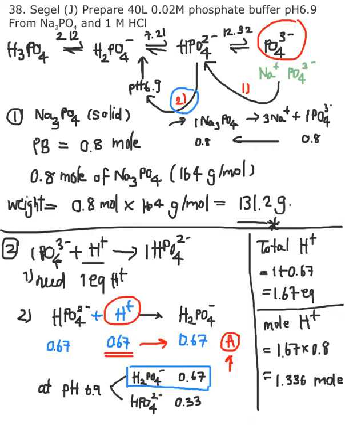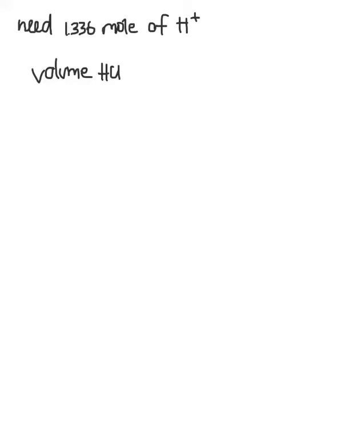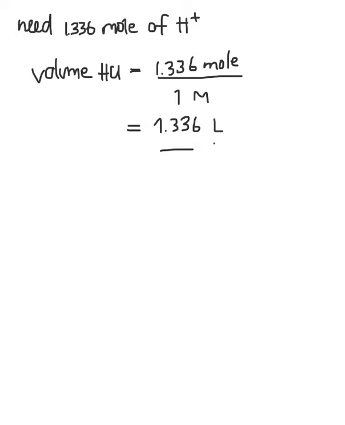Again, because this is moles, you need to come up with the volume of hydrochloric acid. To calculate the volume of hydrochloric acid, you just use the mole that you need divided by the concentration of hydrochloric acid, which in this case is 1 molar. So the volume of hydrochloric acid that you need to put in the beaker is 1.336 liters.